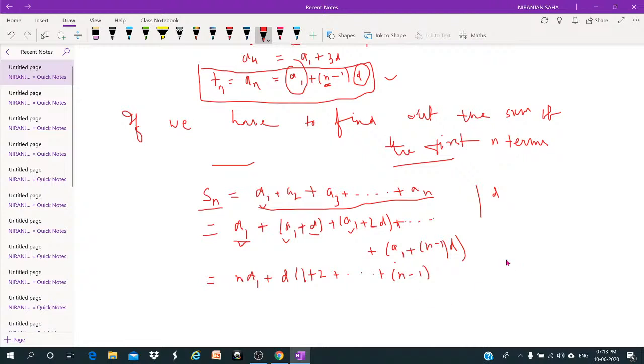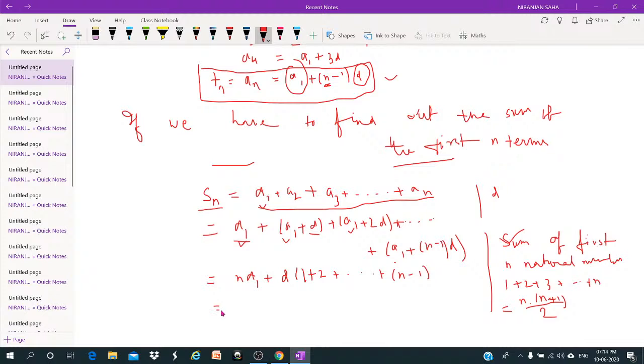Now I will later prove that the sum of the first n natural numbers, I mean to say 1 plus 2 plus 3 plus dot dot dot up to n, is equal to n into n plus 1 by 2. I will prove it later. So this will leave here.